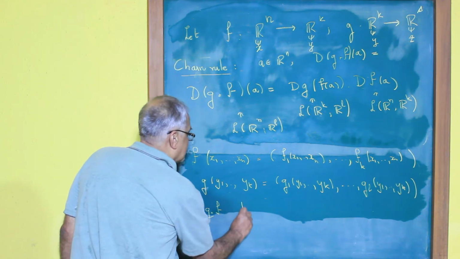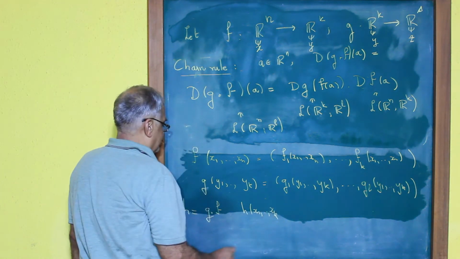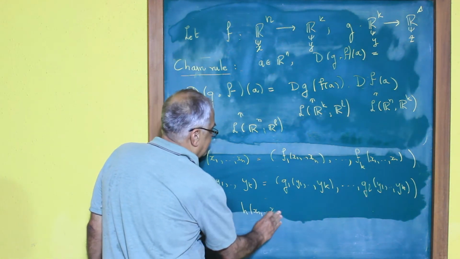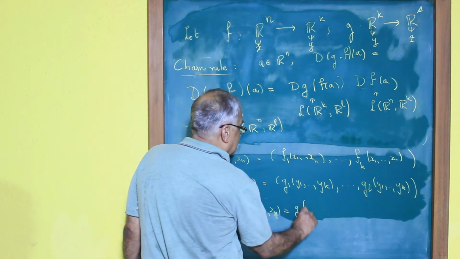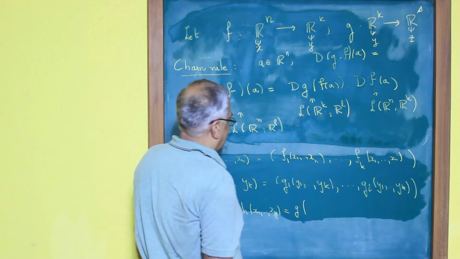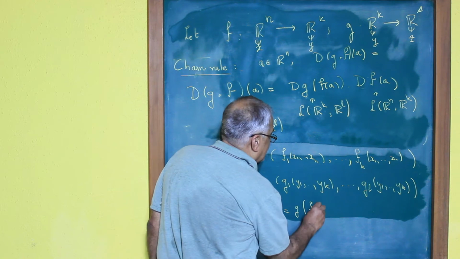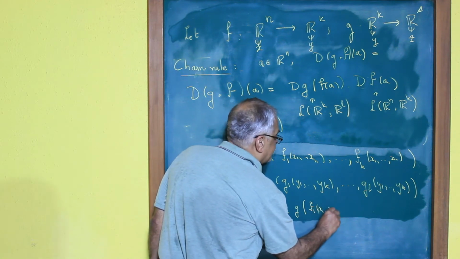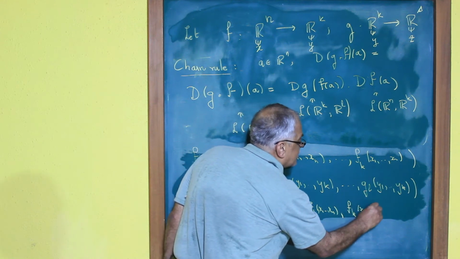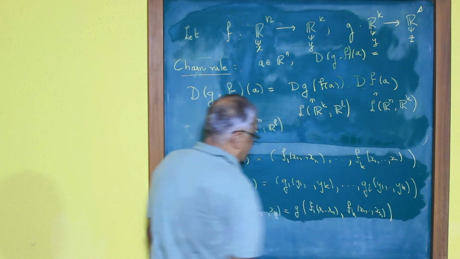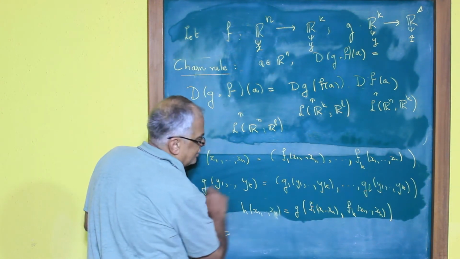H of x1 to xn is equal to G of F of x1 to xn, which is F1 of x1 to xn, comma, Fk of x1 to xn, which is equal to, now I'm going to write that in this way.